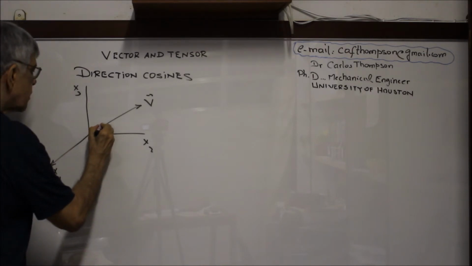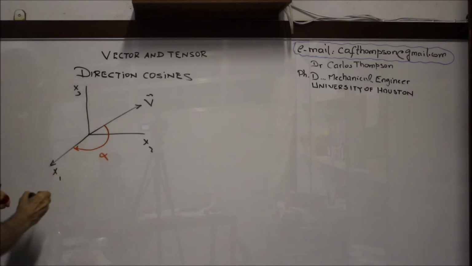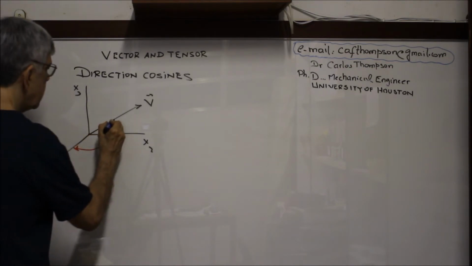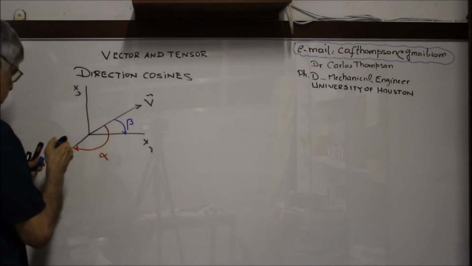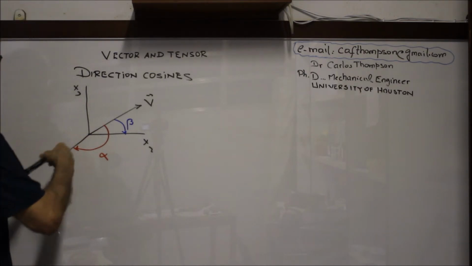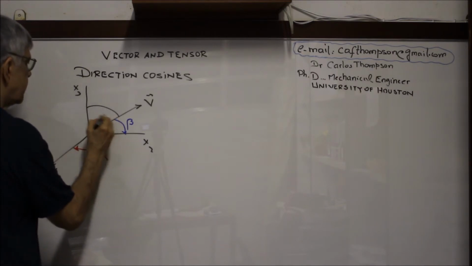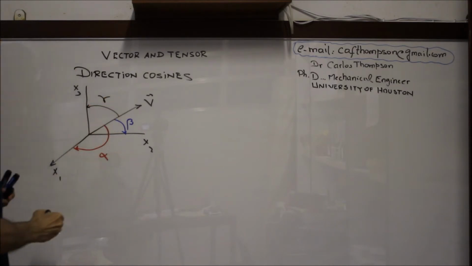The first one, let's call this angle here alpha. This angle here, beta, and this angle here, gamma. So, let's play with this figure over here.